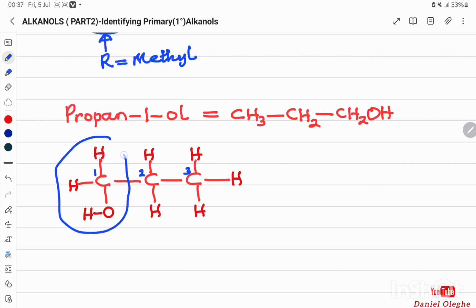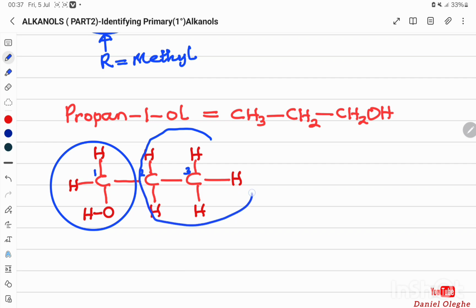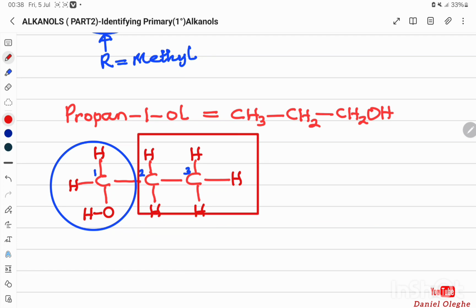The carbon atom that the hydroxy group is attached to is the hydroxy-carbon, and this represents the alkyl group. The alkyl group is represented as follows. So that's the alkyl group.